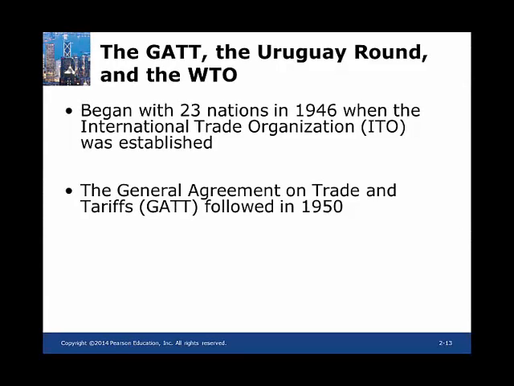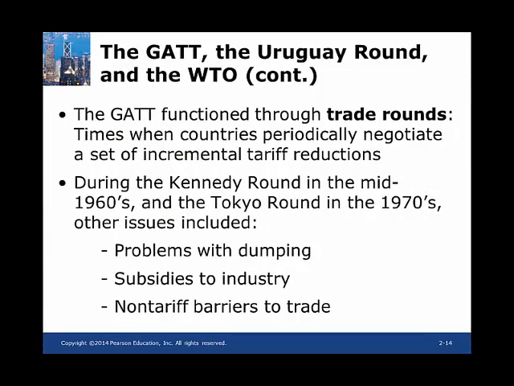The GATT, the Uruguay Round, and the World Trade Organization. It began with 23 nations in 1946 when the International Trade Organization was established. The General Agreement on Tariffs and Trade followed in 1950. The GATT functioned through trade rounds, times when countries periodically negotiate a set of incremental tariff reductions.